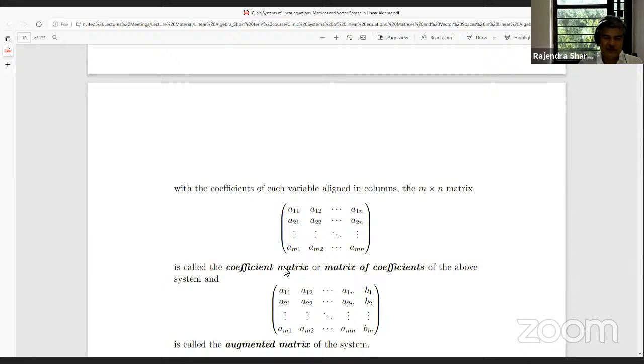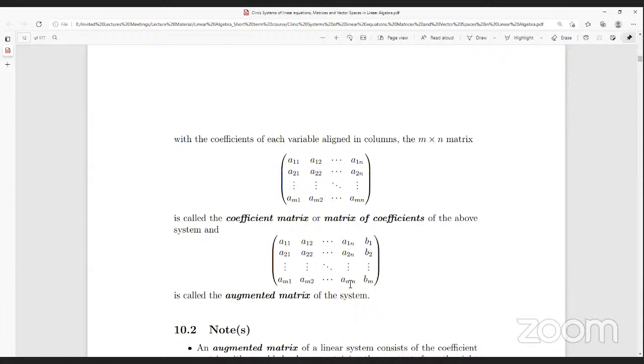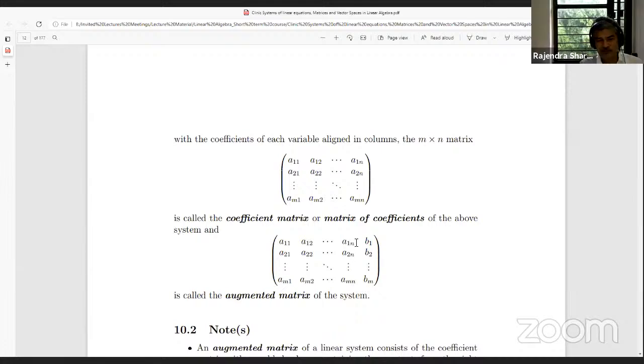It's called the coefficient matrix or the matrix of coefficients of the system of equations that we have just stated. And if we also add one more column to it of the entries that appear on the right hand side of the equal to sign, it is called the augmented matrix of the system.